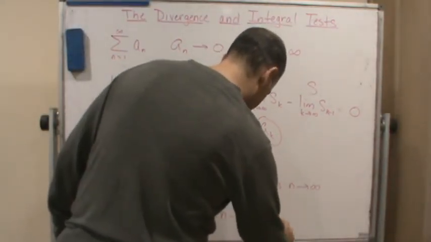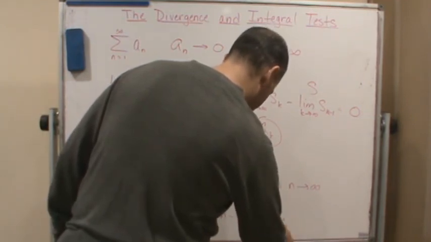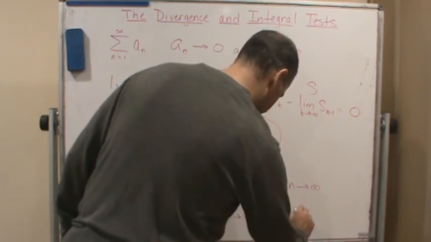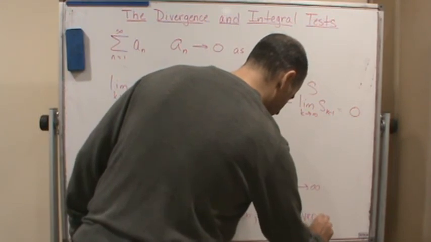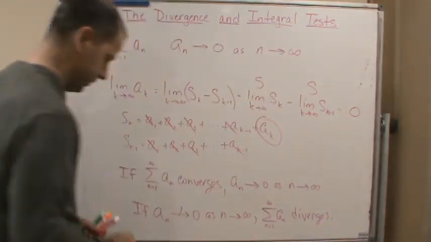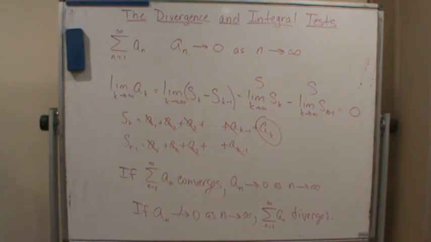Then the series of a sub n, the nth term as n goes from 1 to infinity, does not converge, or in other words, diverges. And that is the test for divergence. Now, it doesn't say anything about convergence, but it does give us a way to test whether a series is divergent.